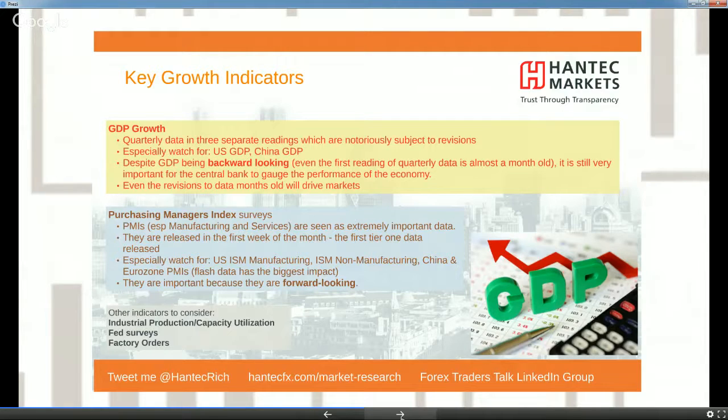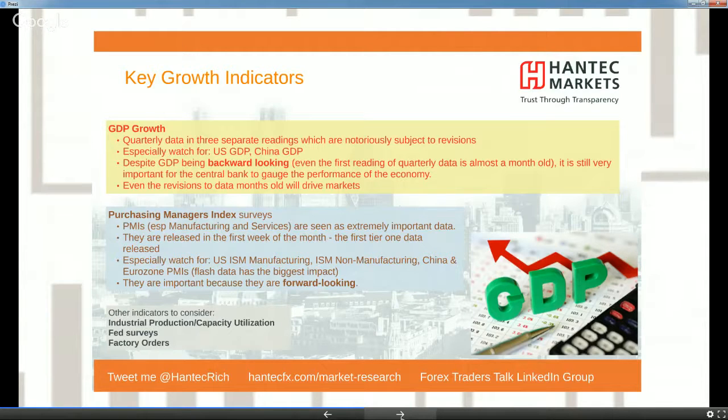The manufacturing data is released on the first trading day of the month, and then a couple of days later you get the service sector data. Both readings paint a very strong picture of how the economy is looking at the current state. Because GDP is backward looking, markets take an increasingly strong look at the PMI data as well.